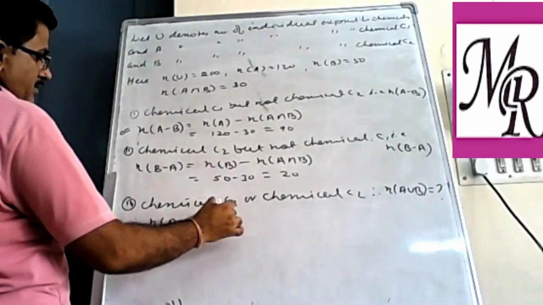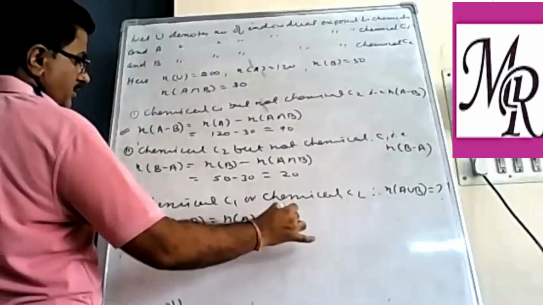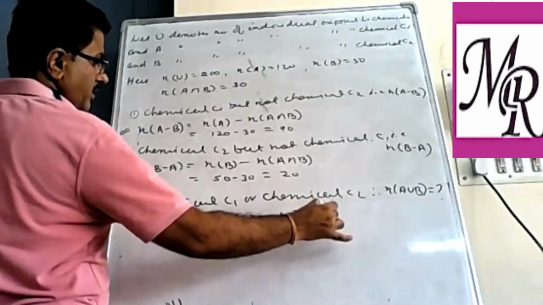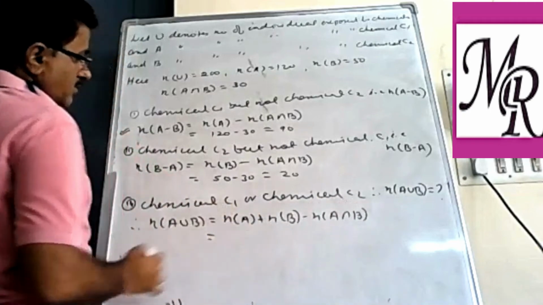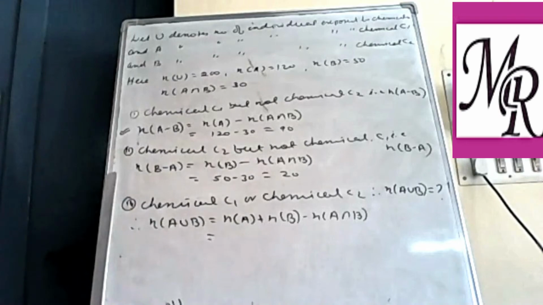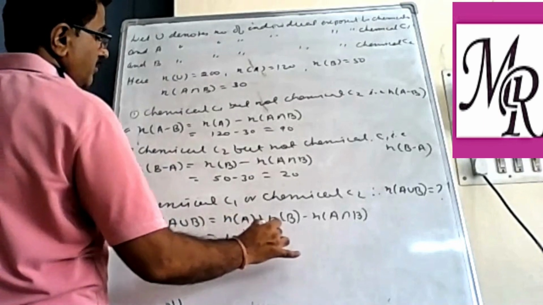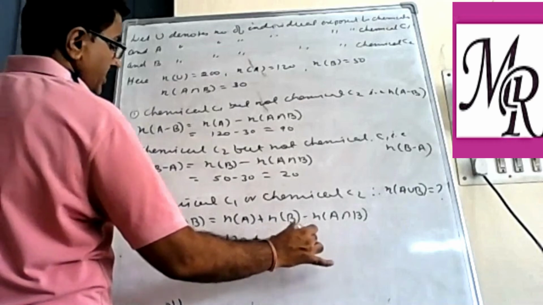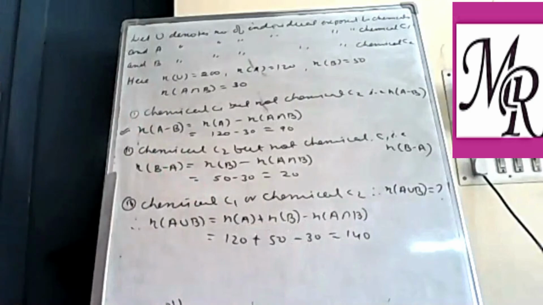So formula is Na plus Nb minus Na intersection B. So number of element in A 120, B 50 minus 30. So that is 140.